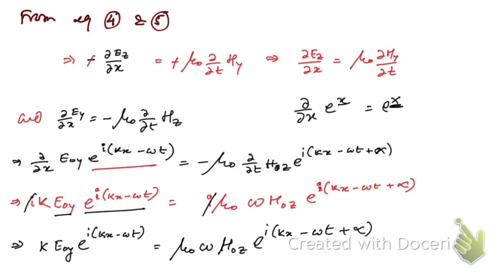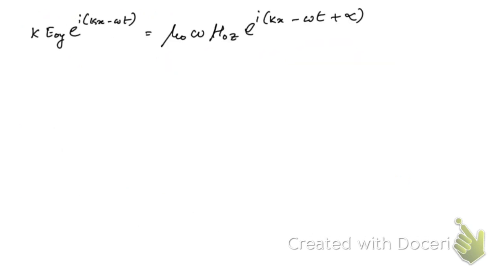Now let me copy this and take a new slide. So here is the last step we have got. We know that e^{iθ} can be written as cos θ + i sin θ. This is the real part and this is the imaginary part, right?